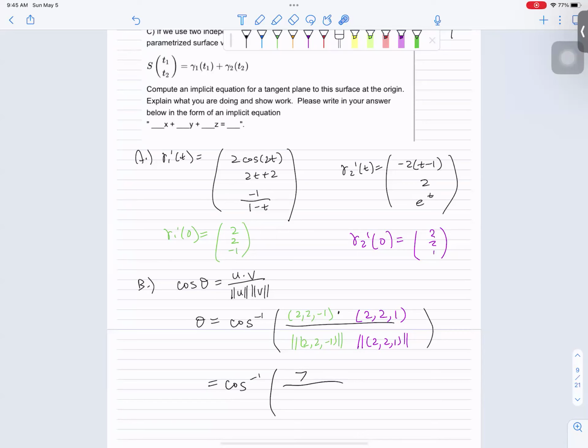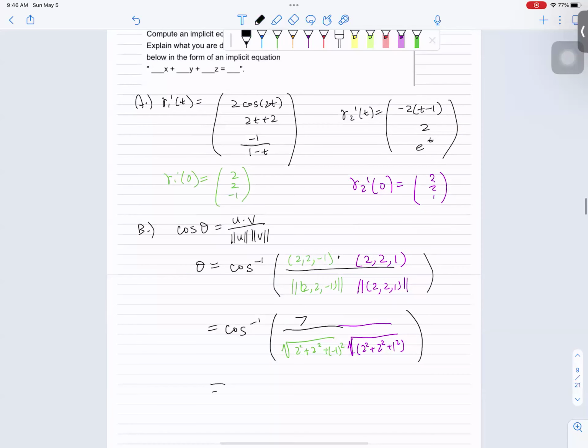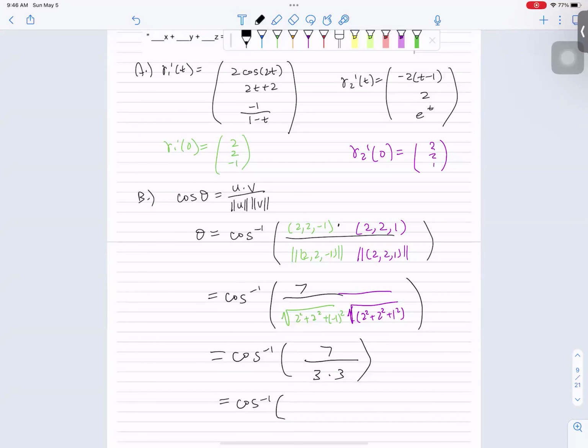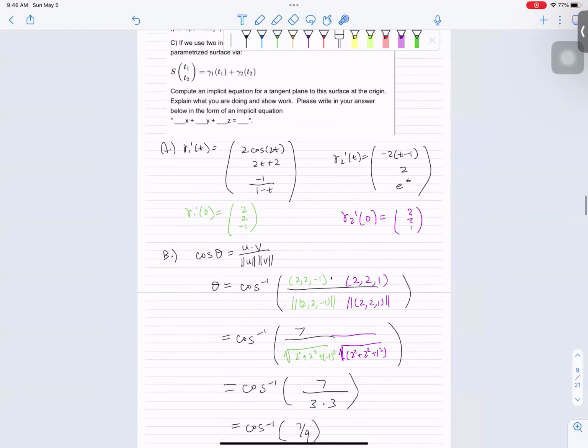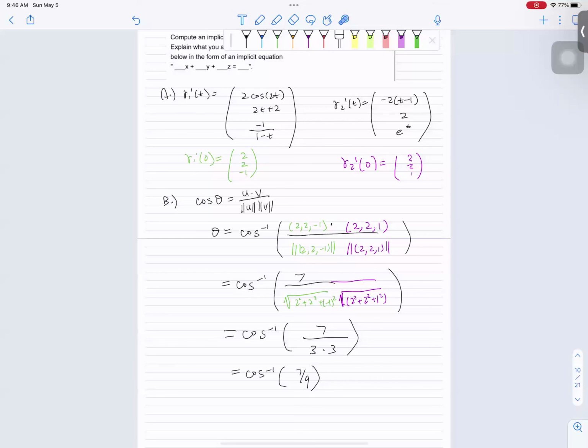The length is the square root of each component squared: 2 squared plus 2 squared plus negative 1 squared, and for the purple one, 2 squared plus 2 squared plus 1 squared. That's arc cosine of 7 over the square root of 9, which is 3, times 3. So arc cosine of 7/9. And they told us to leave it in this perhaps messy answer, so you don't have to evaluate that.